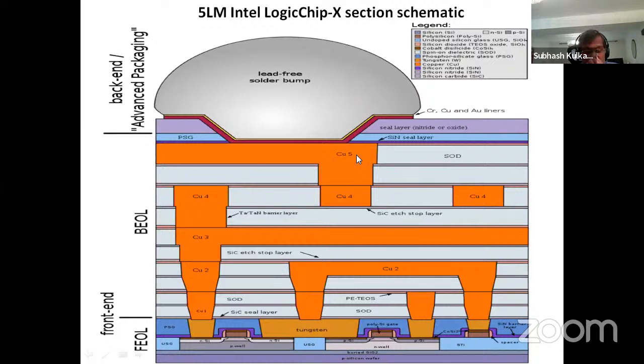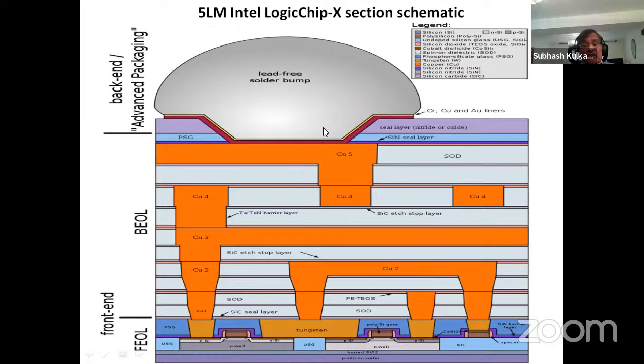So this is a chip with 5 levels of metal. Nowadays, they can go up to 8 levels of metal. So on top of the transistor, there's a huge metallurgy that is involved. And all these light color layers are basically dielectric films that are put on so that these lines are insulated from each other. So you do not have any crosstalk between the two.